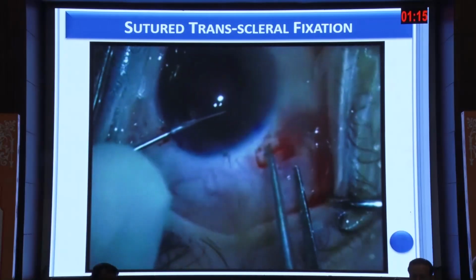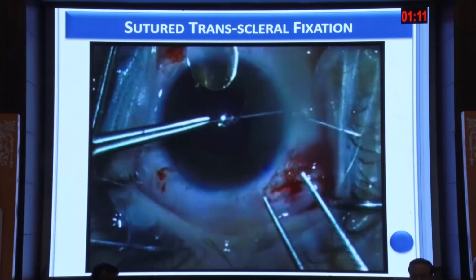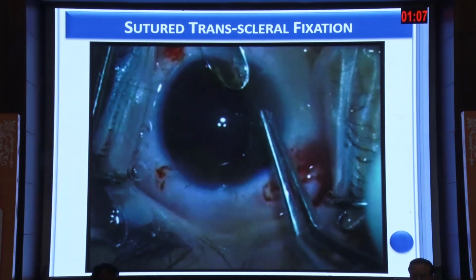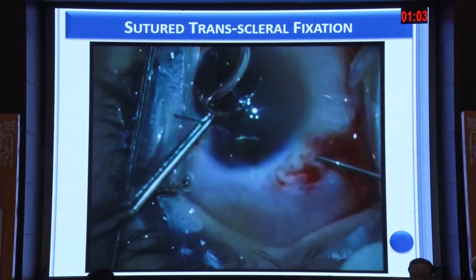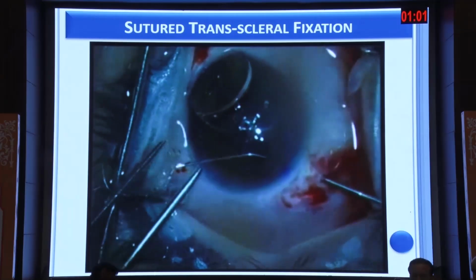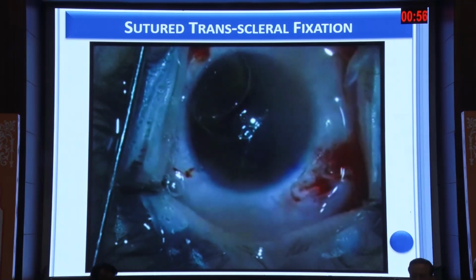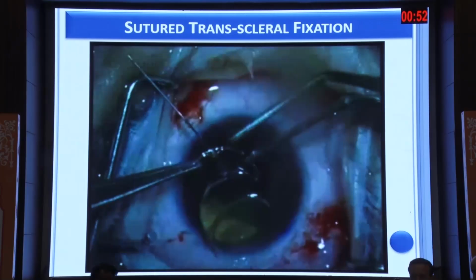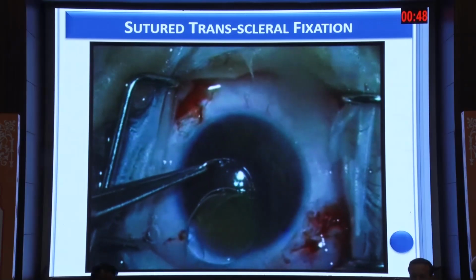You can see Prolene has been inserted from one side and taken out from the other side. And then in reverse, it is going from the opposite side to the first side. Once the Prolene has been passed from the two sides, just pull it out, make a loop, and pass the loop in this eyelet of the lens.